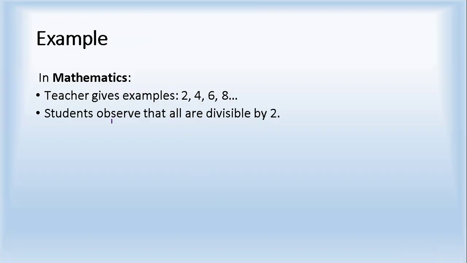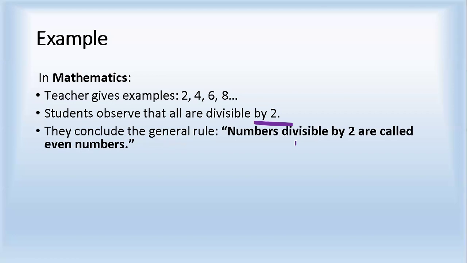Example, in mathematics, teacher gives example 2, 4, 6, 8 and so on. Students observe that all are divisible by 2. They conclude the general rule. Numbers divisible by 2 are called even numbers.